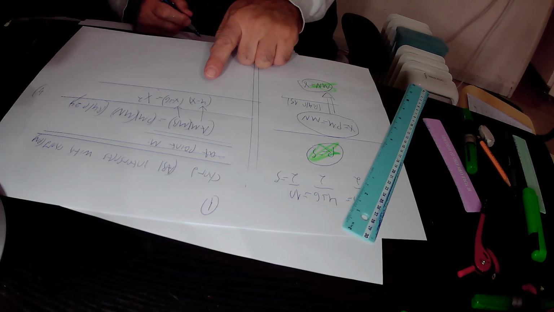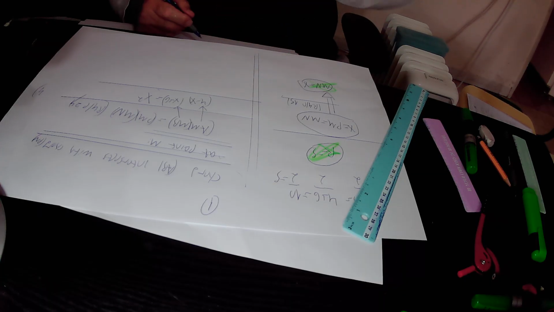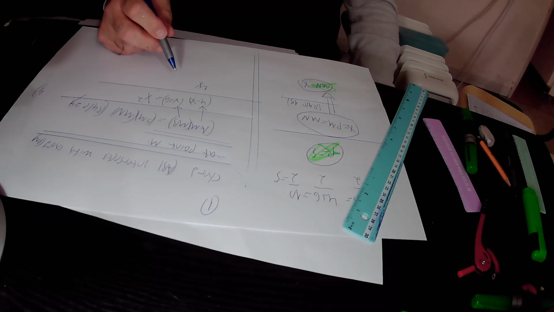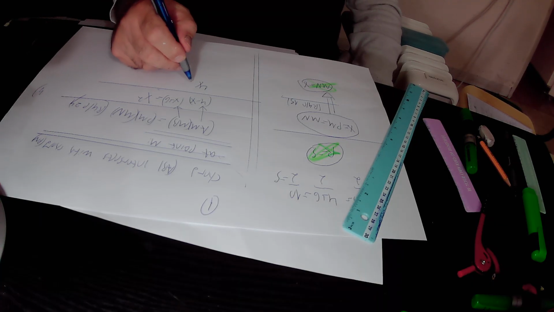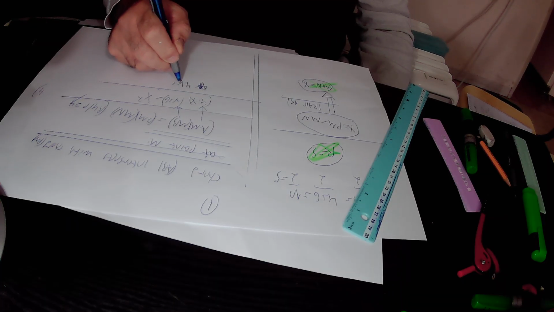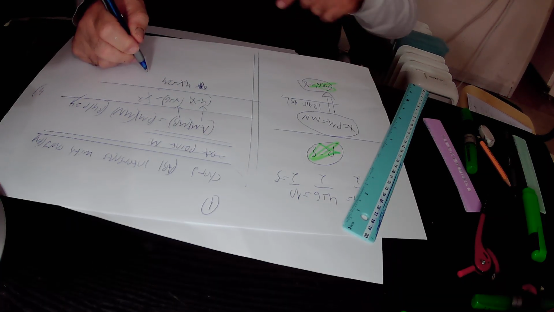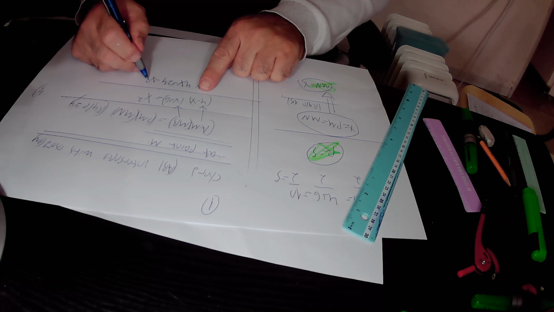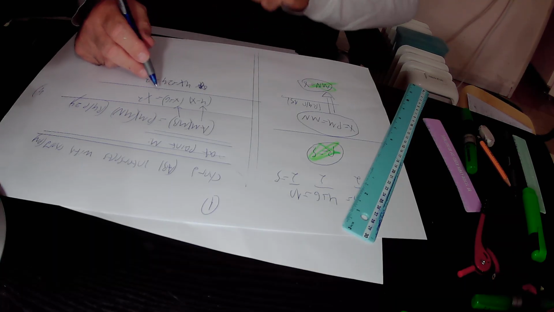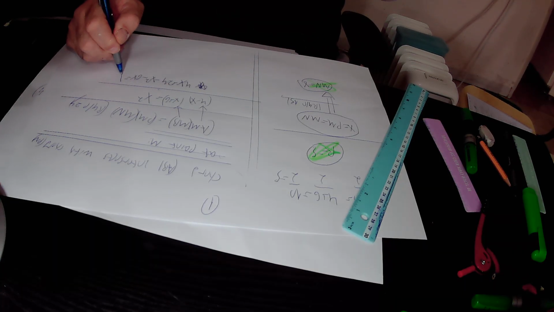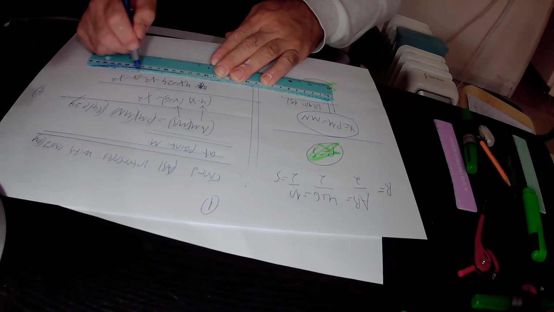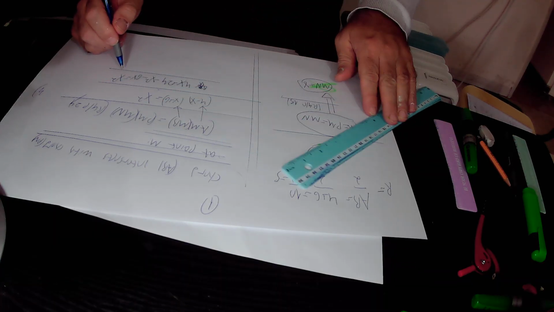Here we will open the brackets on this side of the equation, and we get that 4 times X is 4X, and 4 times 6 is 24, minus X times X is minus X squared, and minus X times 6 is minus 6X equals X squared.